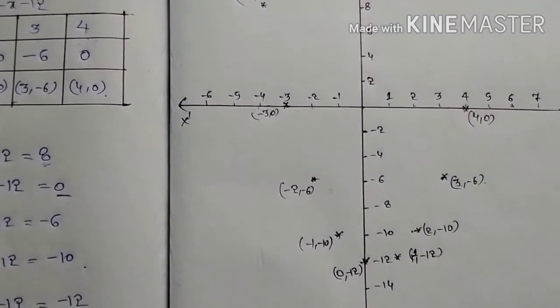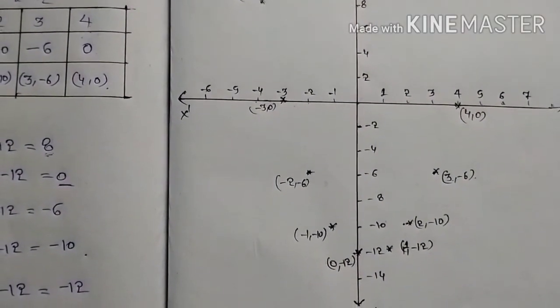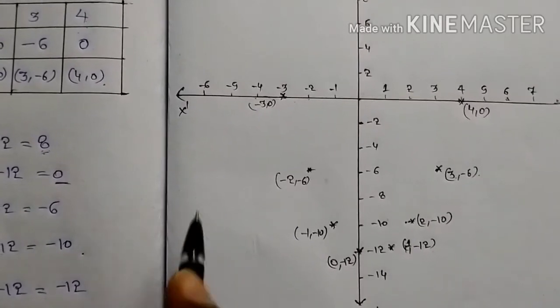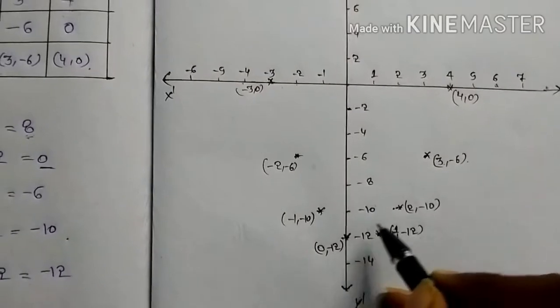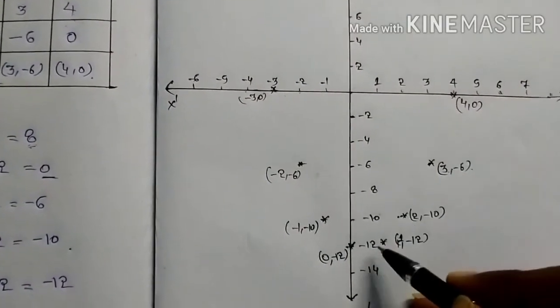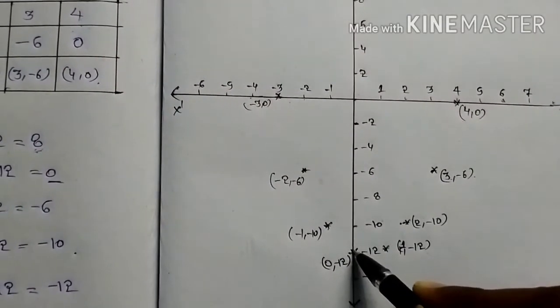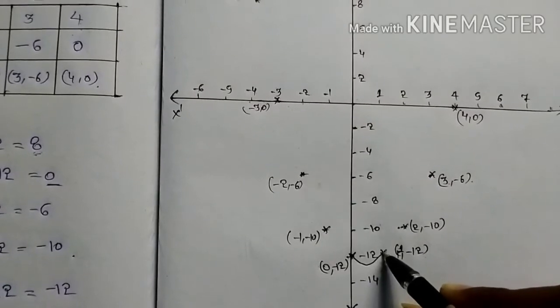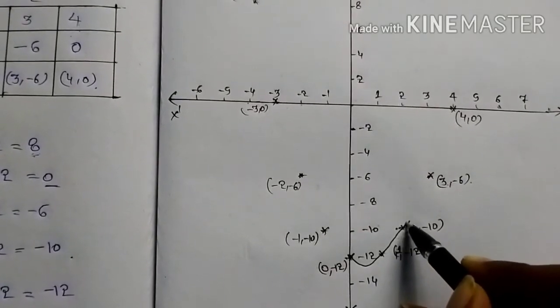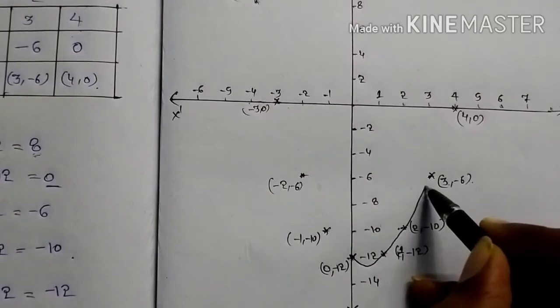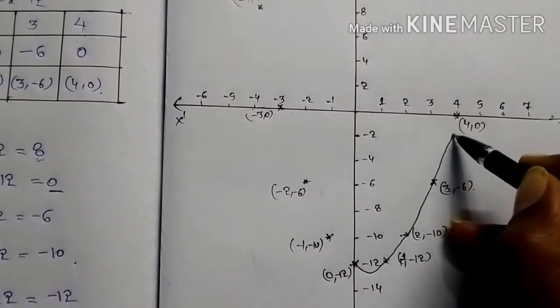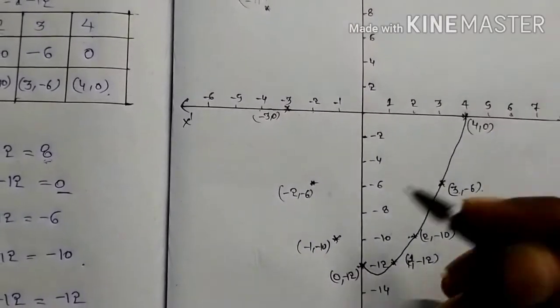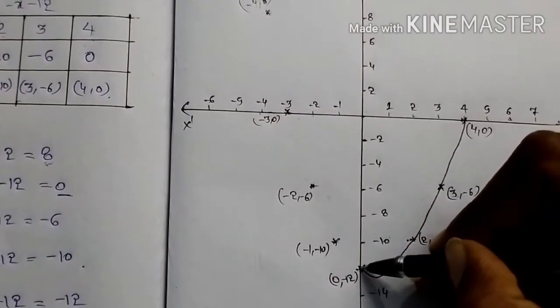Now you can draw the graph. That means you can join these points. See here, how can you join? Just I am drawing here. You can plot the points. After that, you can draw it.